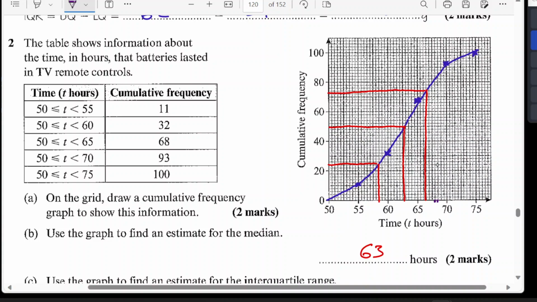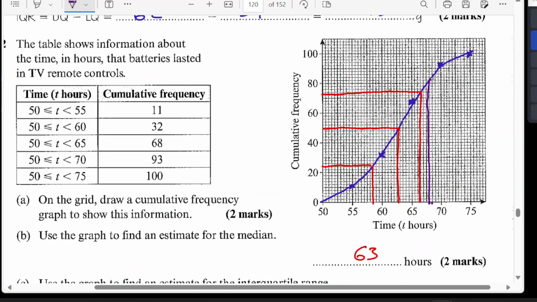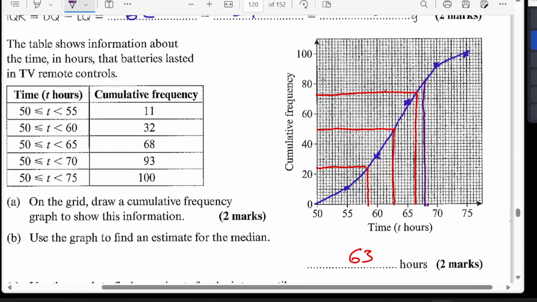One more actually there. So if I go up to my graph, and then from there go across, I make that 84.